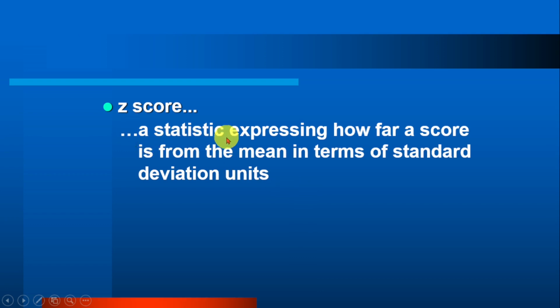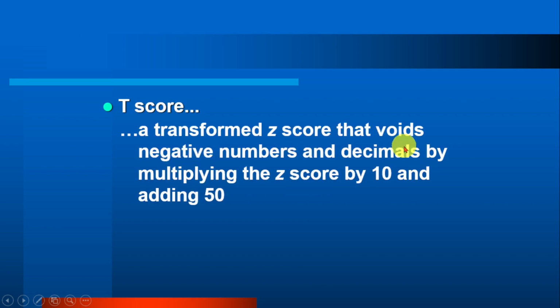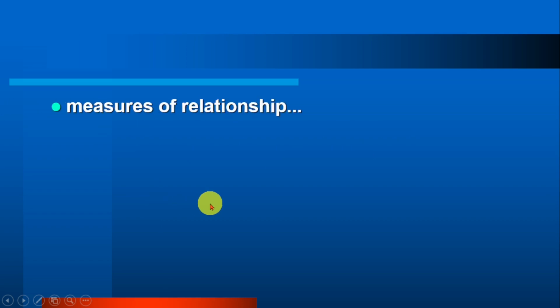Z score expresses how far a score is from the mean in terms of standard deviation. T score transforms the Z score to avoid negative numbers and decimals, by multiplying the Z score by 10 and adding 50. The C score is a standard score that divides the distribution into 9 parts.